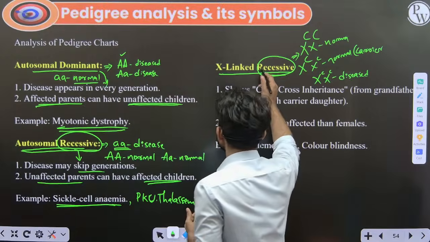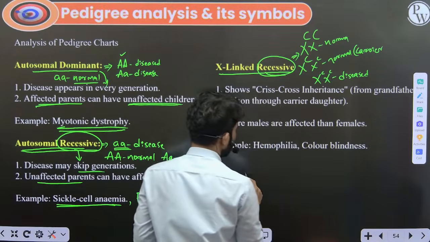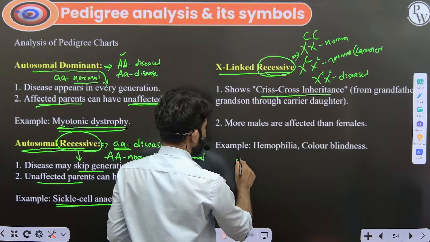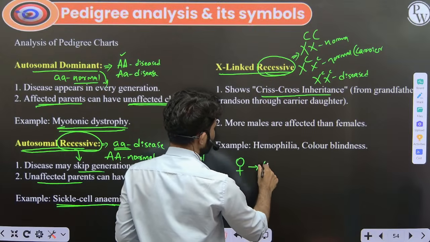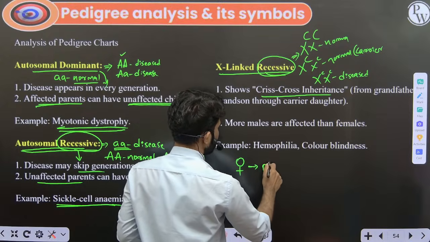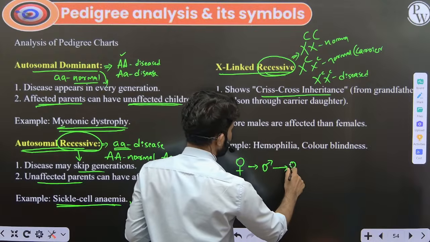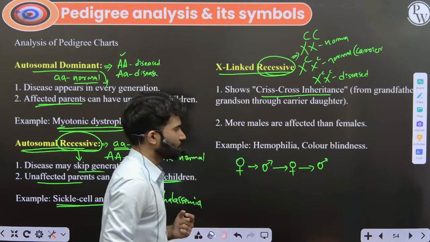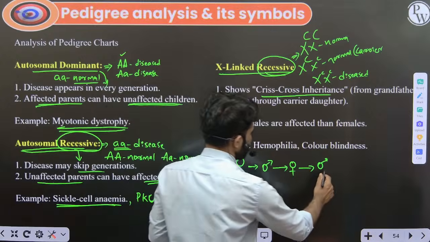When it comes to X-linked, it will follow a crisscross inheritance, zigzag inheritance. That means it comes from female to male, then male to female as a carrier, then it follows male to male.